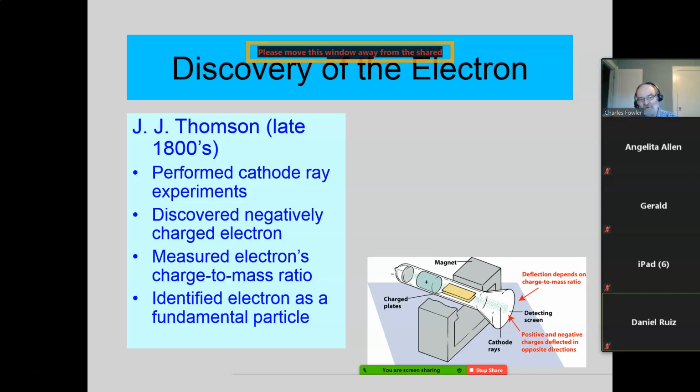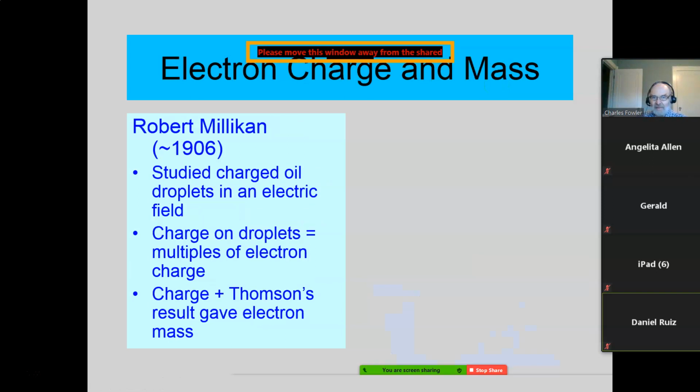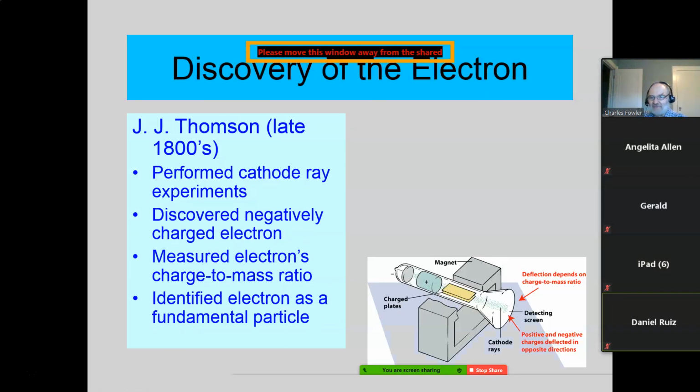But he could get the charge to mass ratio, depending on how much deflection you had. So there was J.J. Thomson's cathode ray experiment, where he discovered these small negative charges, and they were the electrons. Now, that was the late 1800s.